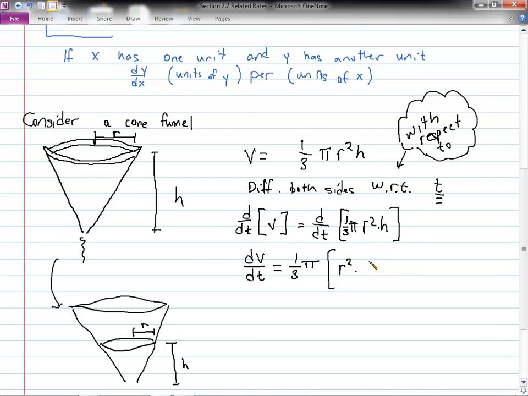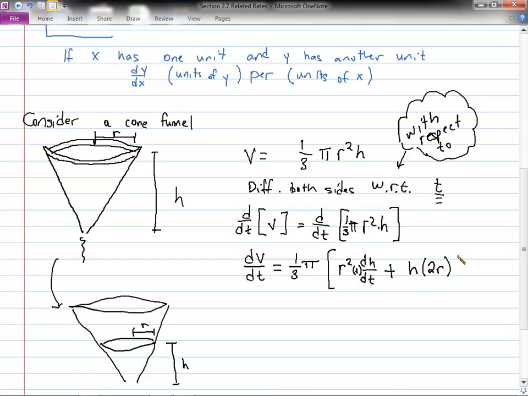Okay, what's the derivative of h with respect to t? 1 times dh dt. Yes, dh dt. Okay, if you want to stick that 1 in there just so you know that it's there too, by all means do that. But eventually it's going to go away. Plus the second times the derivative of the first. And what's the derivative of r squared?